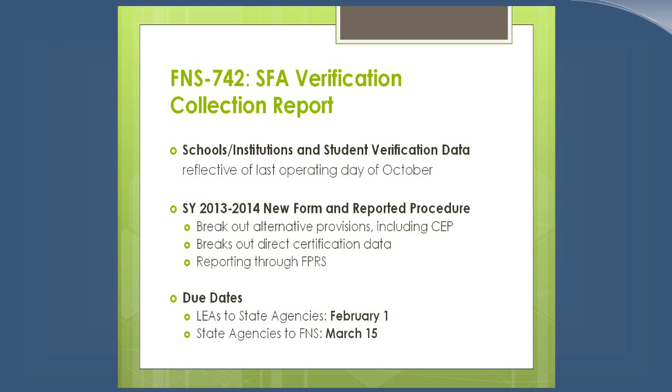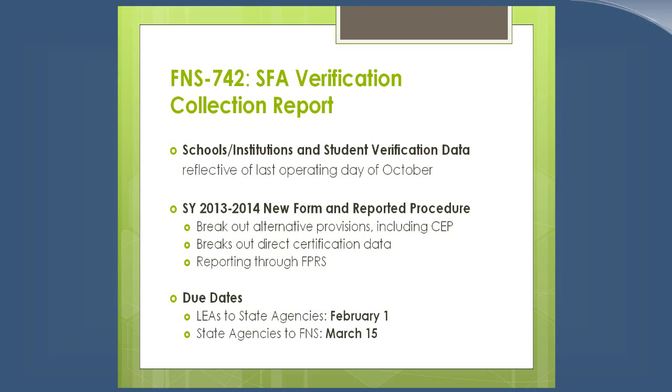This form was revised last school year, 2013-14, and a couple of the big changes are highlighted here. It includes the collection of information regarding alternative provisions, including a breakout of CEP, and it also breaks out information about students that were certified with SNAP.